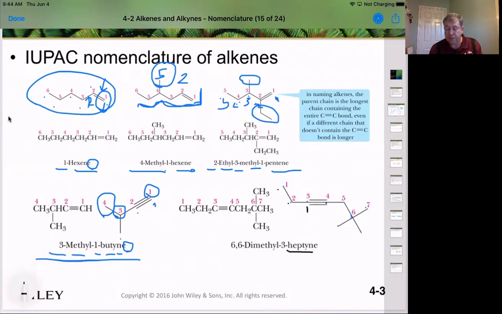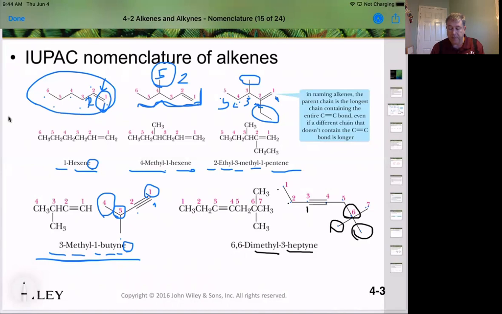Okay, and we have 2 substituents, and they're both on the same carbon, the number 6 carbon. So methyl would go right here. If we had ethyl, the ethyl would come before methyl, because remember the di doesn't go in with the alphabetization.